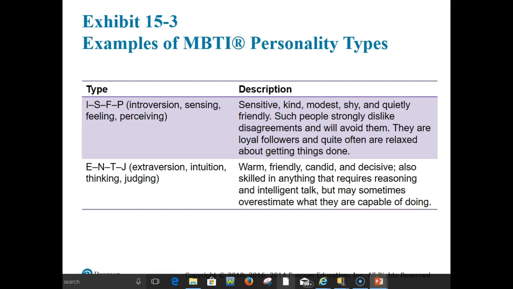Combining these preferences provides descriptions of 16 personality types, with every person identified with one of the types in each of the 4 pairs. Now, Exhibit 15-3 here summarizes 2 of them. As you can see from these descriptions, each personality type would approach work and relationships differently. Neither one is better than the other, they're just different.